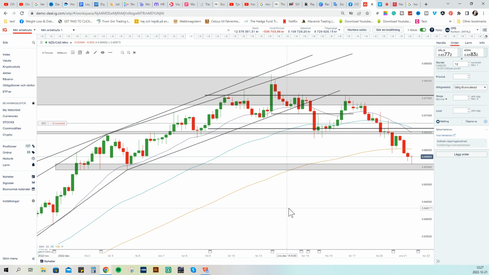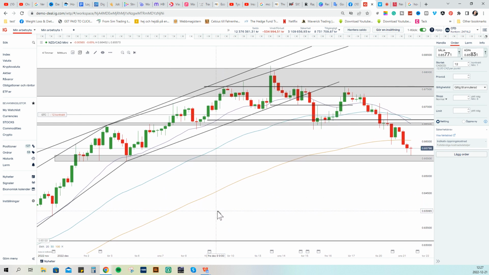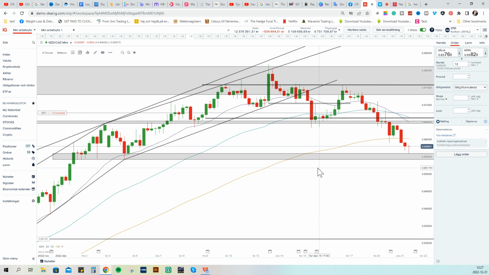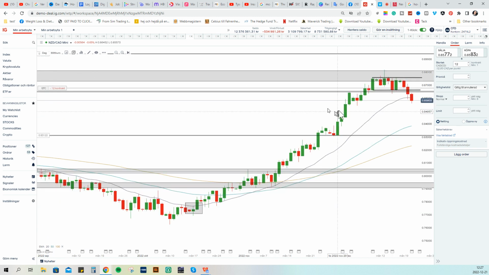But I preferably recommend you to look at this 100 EMA on the 4-hour chart, because this exponential moving average on 4-hour charts is more flexible and faster. So it's not lagging like this 20 EMA on the daily chart.